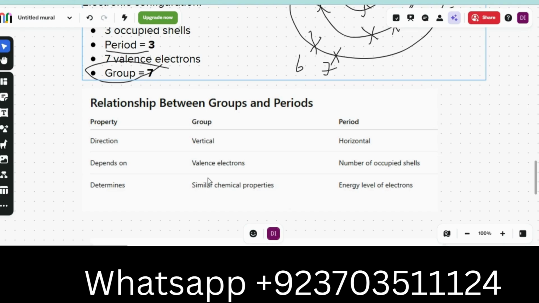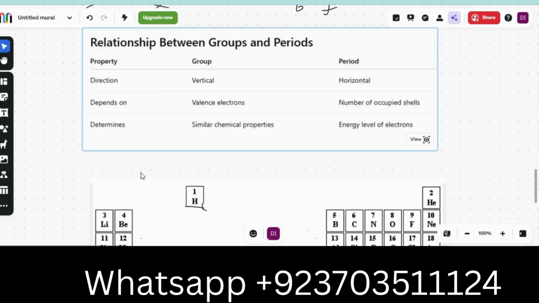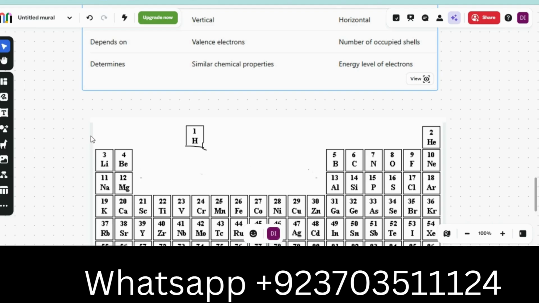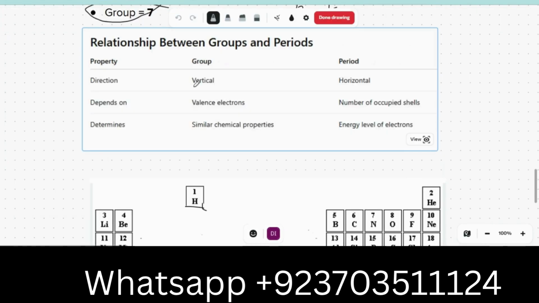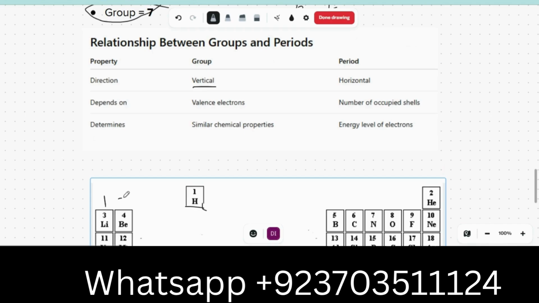Now we are going to talk about the relationship between groups and periods. A group is always vertical. That is group 1, group 2, group 3, group 4, 5, 6, 7, and that is group 8.